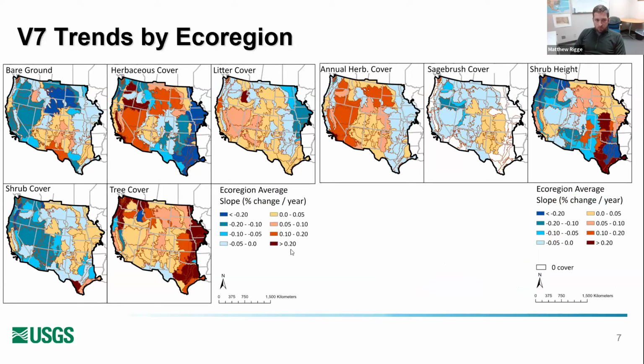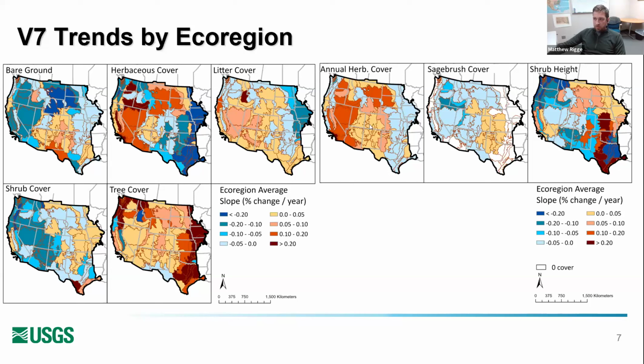So this is by level 3 ecoregion. We evaluated the Theil-Sen slope per ecoregion of all of our components. So we've got ecoregions colored in blue that are showing a net decline in that component from 85 through 2024. And red, we have an increase in that component in that ecoregion. So the big stories here are obviously the increase in annual herbaceous cover that everyone's aware of.